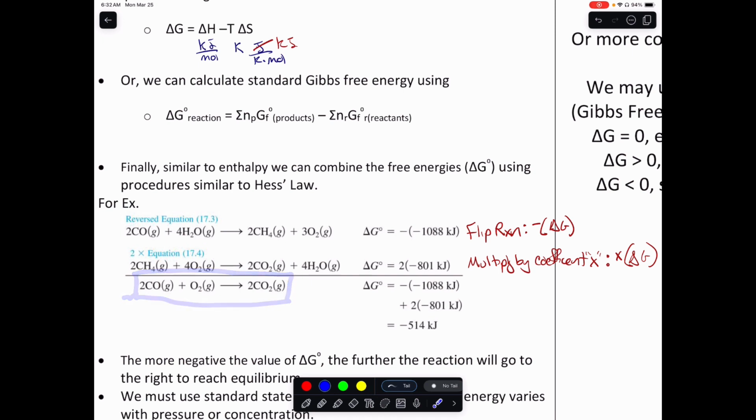We would typically, in this type of problem, be given the overall reaction, asked to rearrange the elementary steps so that they can sum to that overall reaction. And once we do that, then the delta G values will also sum to the appropriate value that represents that overall reaction.